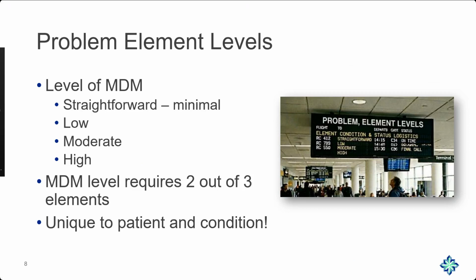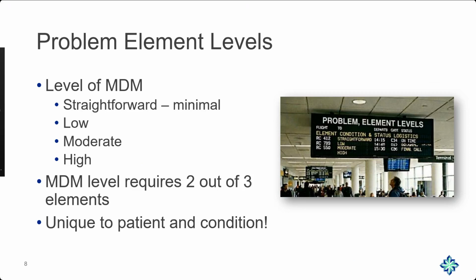Now, the key here when you're selecting your level of service with MDM is you have to meet 2 out of the 3 elements. So you could have a moderate level of problem, but you have low data and low risk. That would still be coded at low. Conversely, you could have a low level of problem, but a moderate level of data and a moderate level of risk.